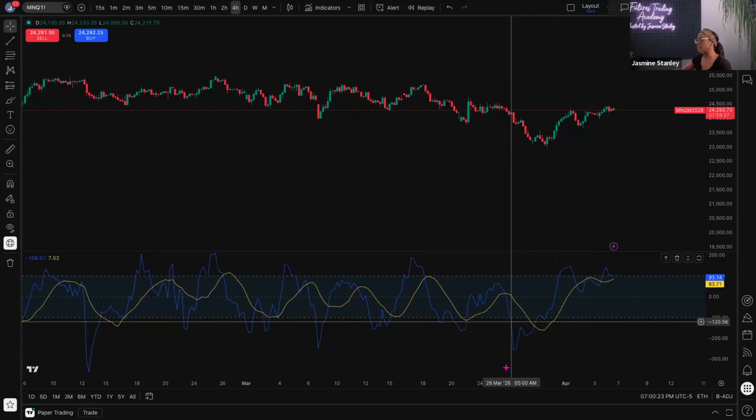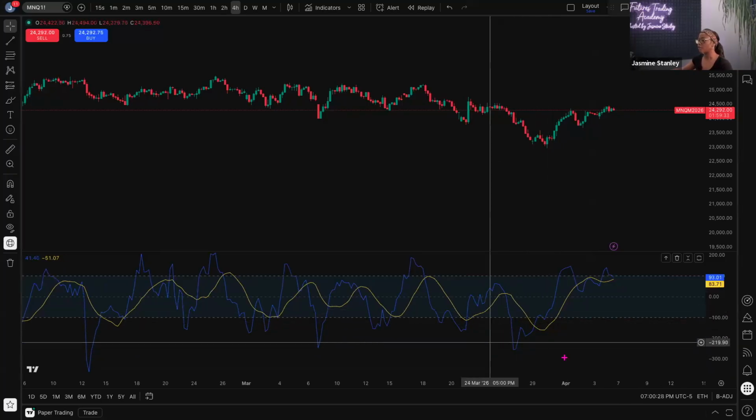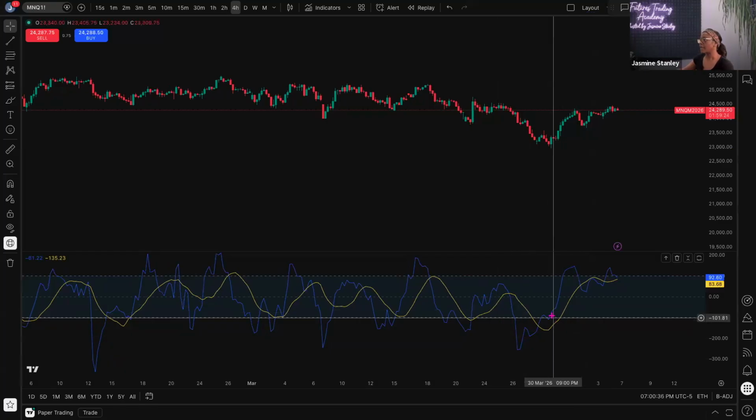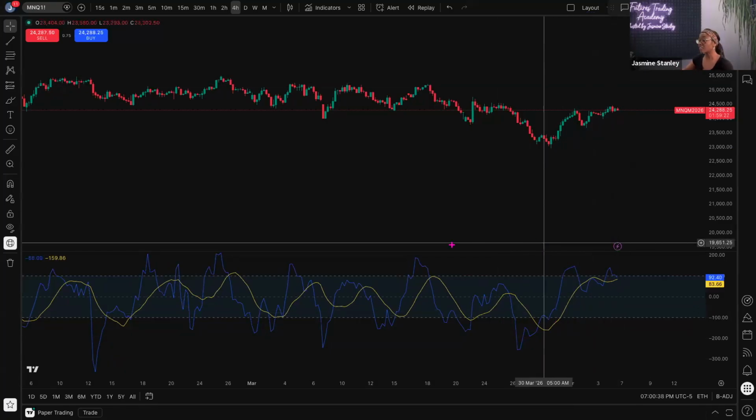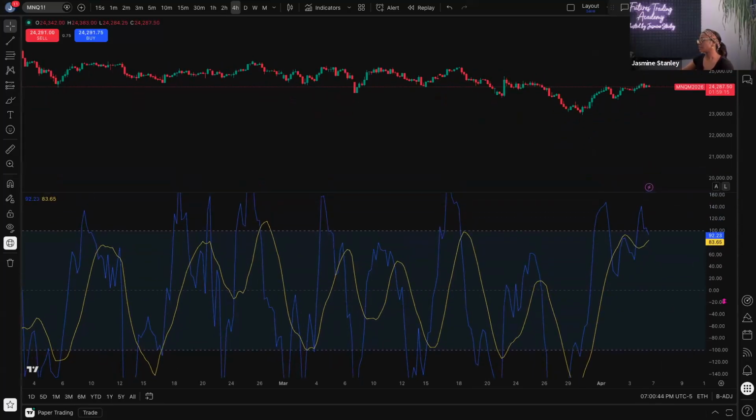All I'm doing is looking for it to get down here. This is called oversold, and when something is oversold, because the stock market has to correct itself, it has to come back up. Just like when something is overbought up here. Let me make it bigger.